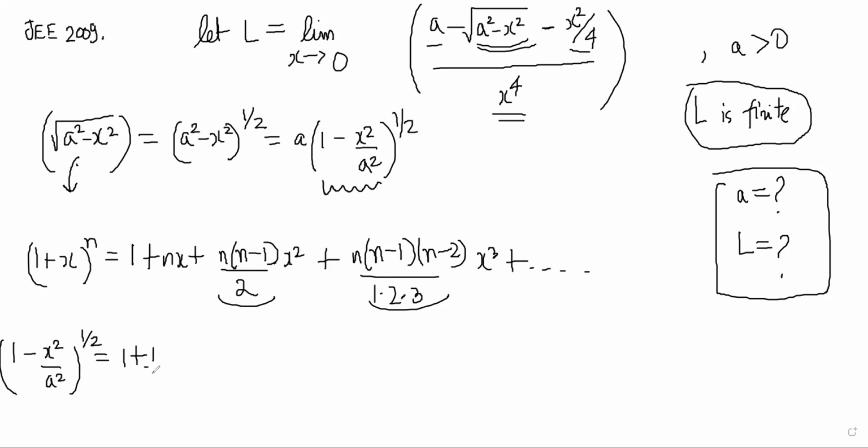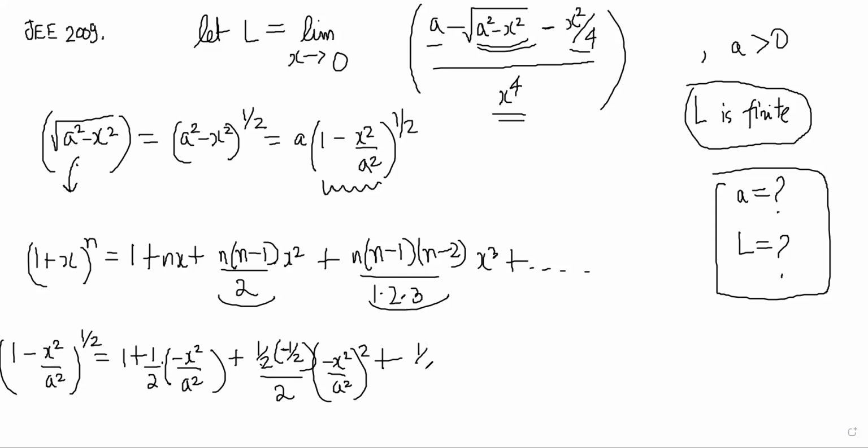So 1 plus half into minus x square by a square, plus half into (half minus 1), which is minus half, by 2, into minus x square by a square whole square. And one more term I'll write: half into minus half into (half minus 2), which is minus 3 by 2, by 6, into minus x square by a square whole cube.